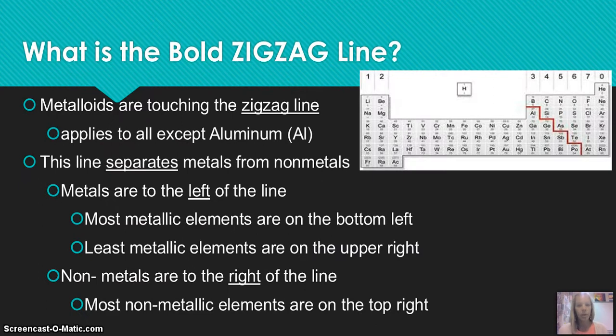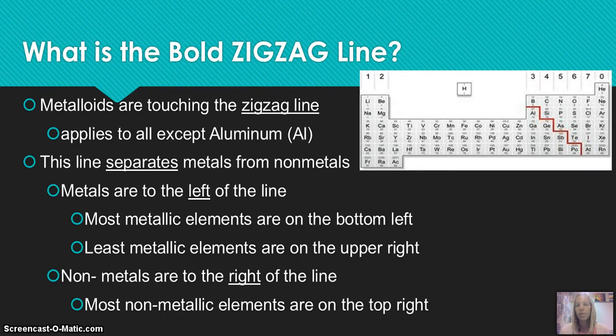So, we're going to continue adding on to your periodic table in your notebook and draw in a zigzag line. If you look in the diagram, upper right corner of the presentation, there's a zigzag line that runs across the right side of it.